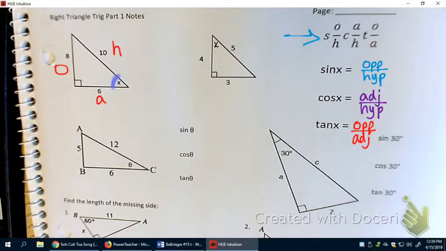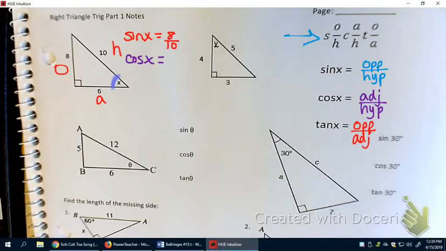Question so far? Okay, so let's say in this problem that I wanted to know what sine of x was. My formula over there says that sine is opposite over hypotenuse. So what's opposite and hypotenuse in this problem? 8 and 10. So sine is 8 over 10. So what would cosine of x be?